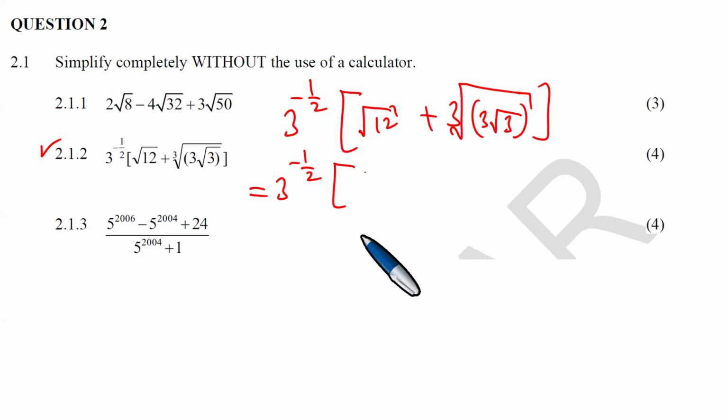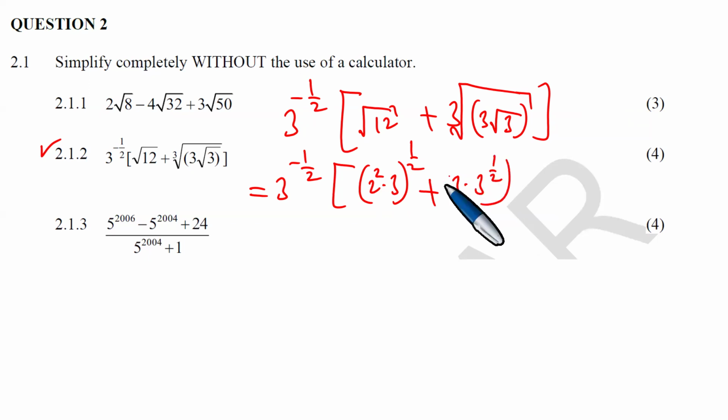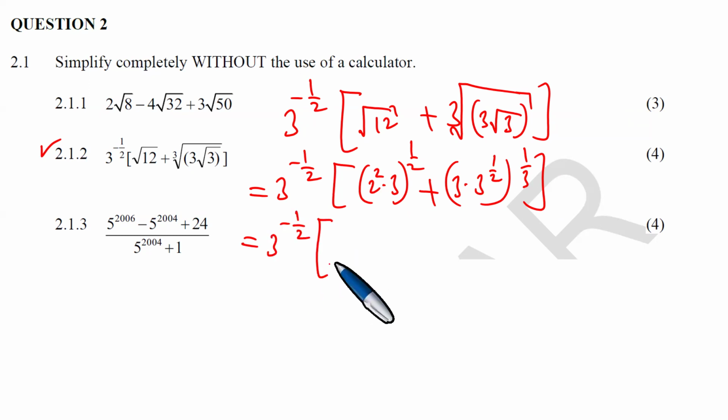What about 12? 2 squared times 3 to the power 1/2. This one is 3 times 3 to the power 1/2, 1 out of 3, because this one is a cube root. Can write like that. Getting 3 to the power minus 1/2.